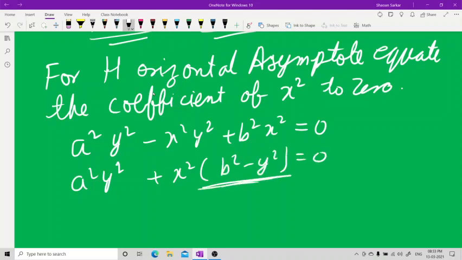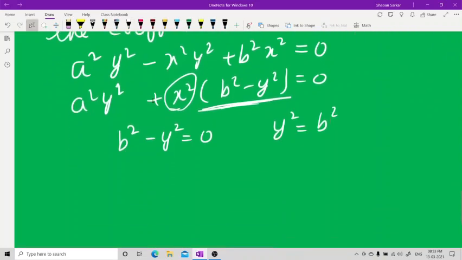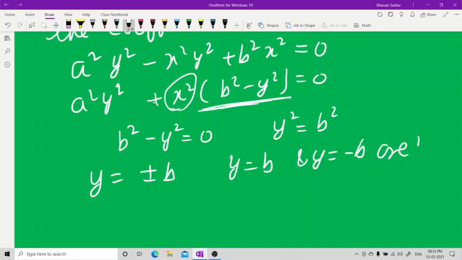Equate this to 0, so equate the coefficient of the highest power of x to 0. So you get b square minus y square equal to 0. That means y square equal to b square, so y equal to plus minus b. That means y equal to b and y equal to minus b are the horizontal asymptotes. I'm writing in short, you will write in full.